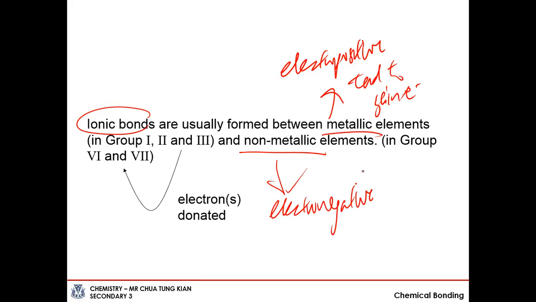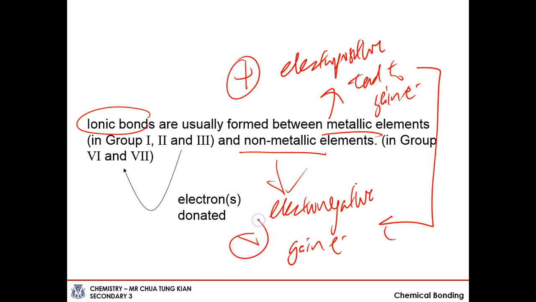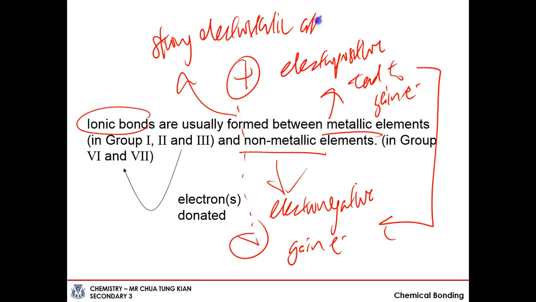They like to gain electrons, and this actually makes them a perfect couple. Metals lose electrons, non-metals gain electrons. They form cations, they form anions, and they come to be attracted together by this strong electrostatic interaction, which we call the ionic bond.